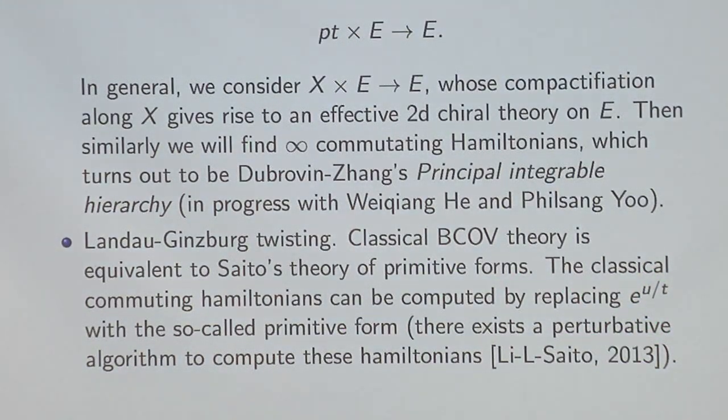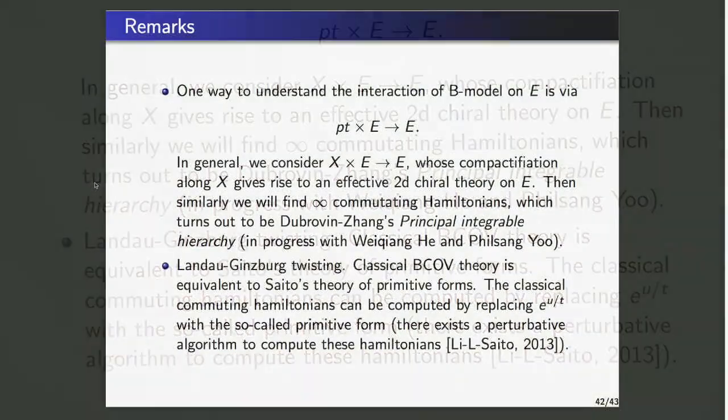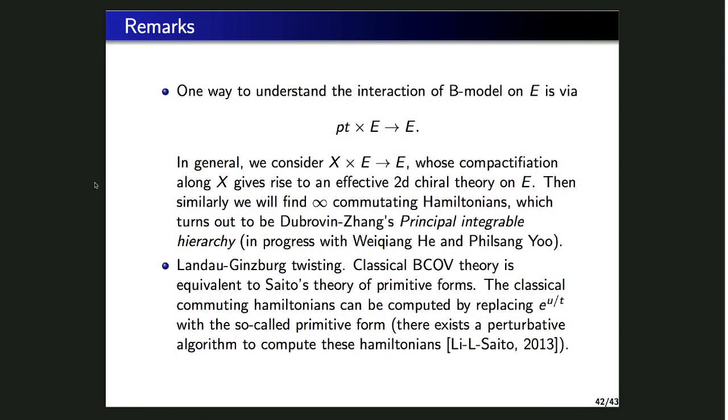And you also expand the primitive form. There's a perturbation formula to compute this expansion, as developed with Changzheng Li and Kyoji Saito, so that I can compute these Hamiltonians recursively. And this leads to a way to understand these integrable hierarchies universally from B-model geometry.